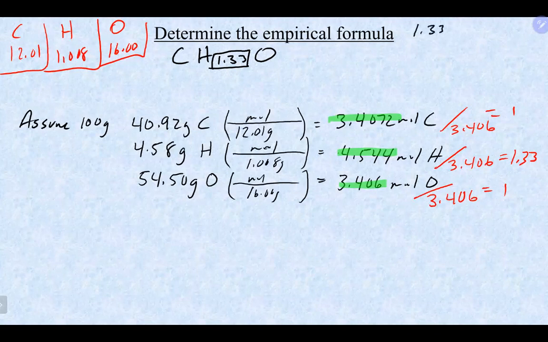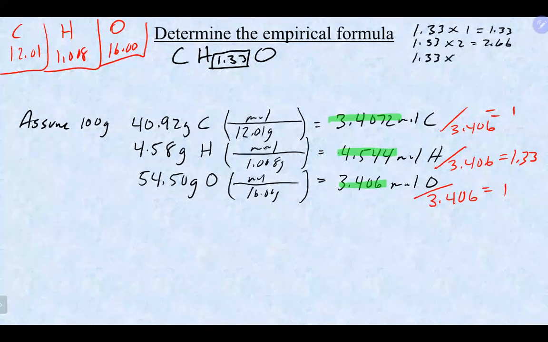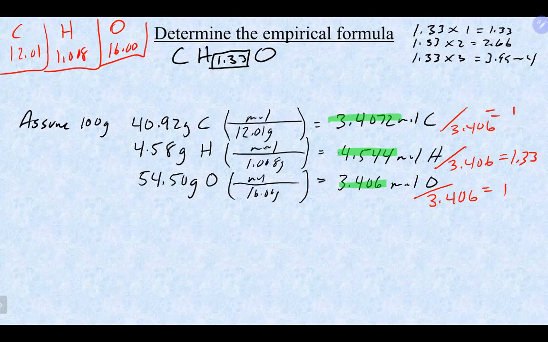Again, 1.33 times 1 is 1.33, not a whole number. 1.33 times 2 is 2.66, not a whole number. 1.33 times 3 gets us 3.99, which is close enough to 4 in this case. So the factor we would want to multiply by is 3. And it's important that you're multiplying everybody by 3, not just the one in the middle.